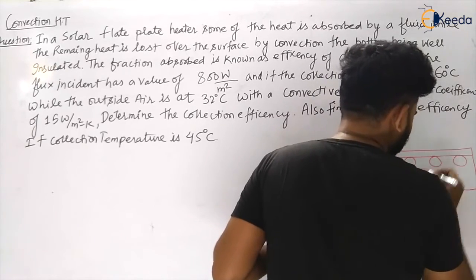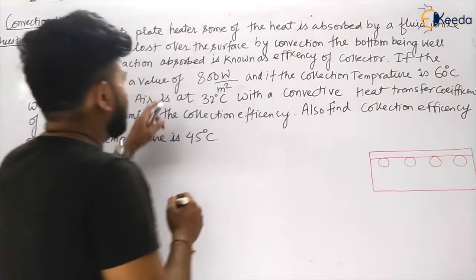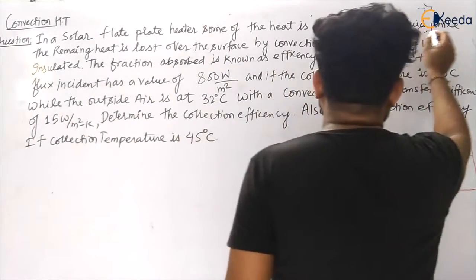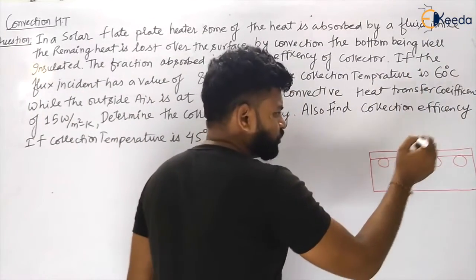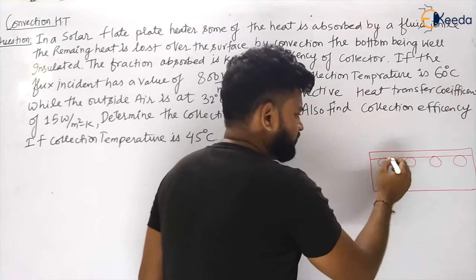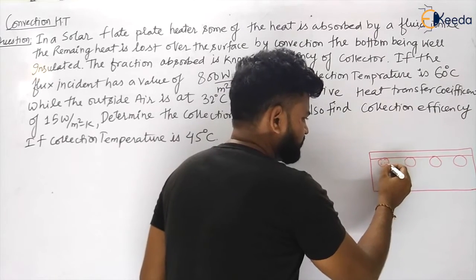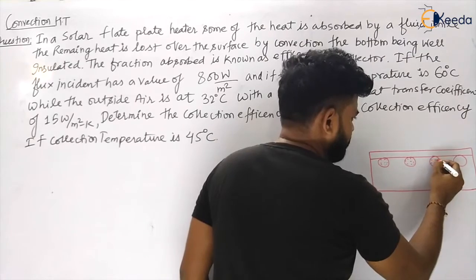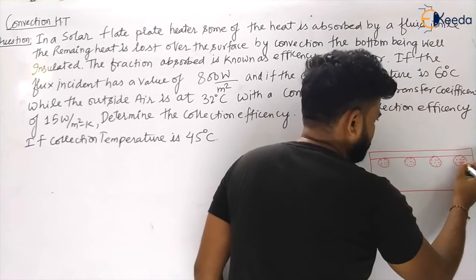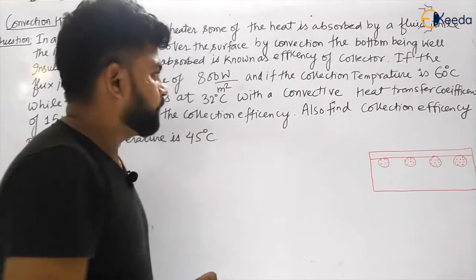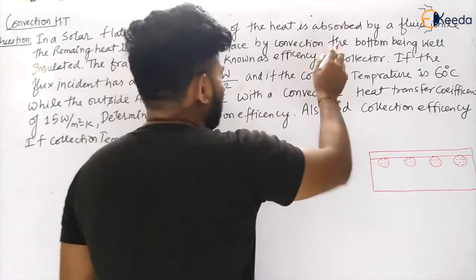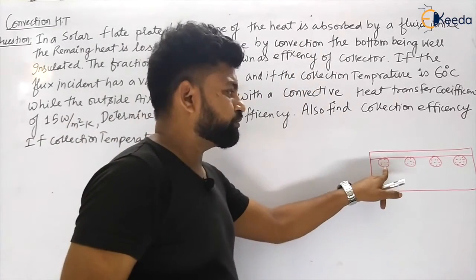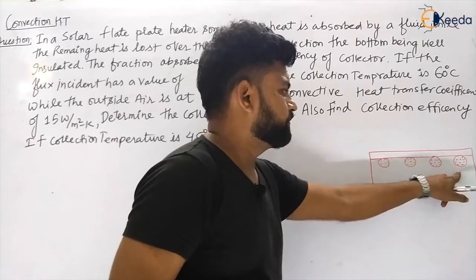Okay my dear students, some of the heat is absorbed by a fluid. So these are the tubes like this, and some hot fluid is flowing inside these tubes. Some of the heat is absorbed by this fluid.